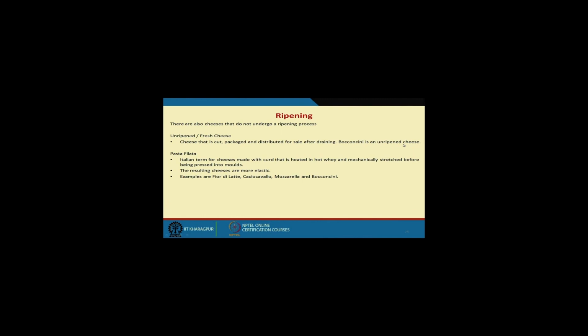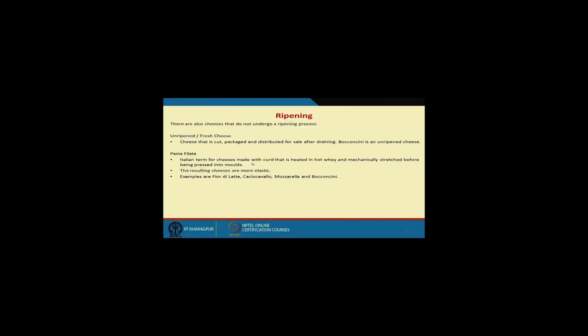I already discussed at the beginning of my lecture what we mean by fresh cheese. In the case of fresh cheese, I mentioned that high acid formation takes place, and due to high acid formation the storability increases, and it can go directly to the market. This is unripened. It doesn't go through the ripening process.